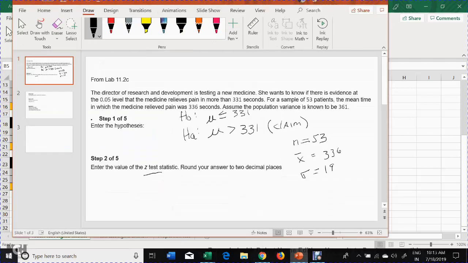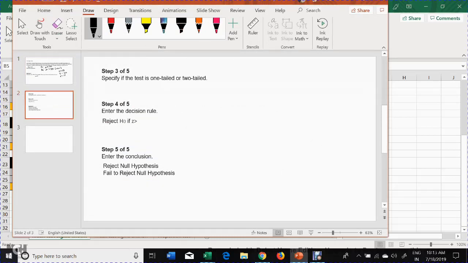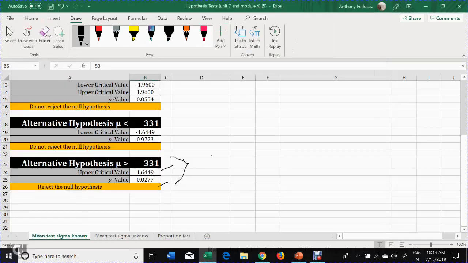So if we go to the other part of the lab question, it says enter the decision rule. Well, the decision rule is reject H0 if Z is greater than 1.645. That's the upper critical value. That's how we determine whether we're going to reject or not reject.